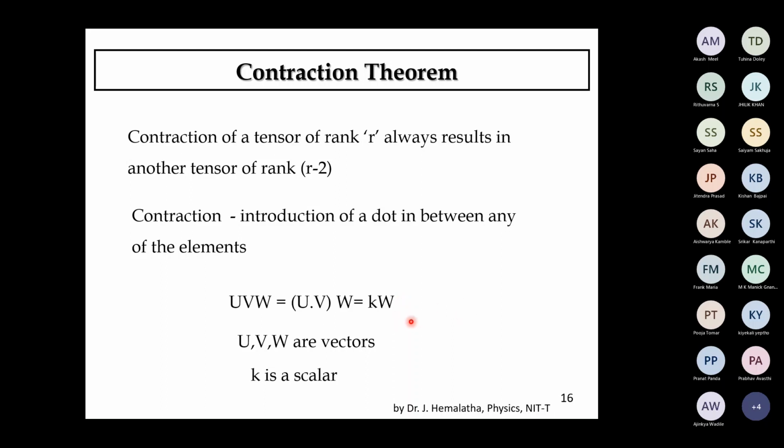So here, after contraction, the tensor has reduced from 3 to 1. 3 to 1 means it is reduced by 2. That is what this contraction theorem says: whenever you apply contraction to a tensor of rank R, you will end up with a new tensor of rank R minus 2.